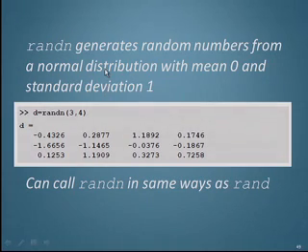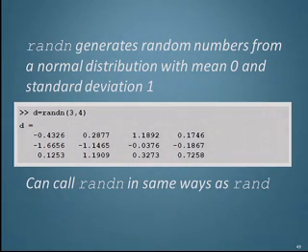Now, randn, this is what I was talking about a second ago. It actually creates a normal distribution, which is your classic bell curve, with a mean of 0 and a standard deviation of 1. So the average is 0. It spreads out from 0 randomly, and that might seem kind of limited, but then you can do the same thing I was doing on the other examples there. Multiply by a number, add a number.